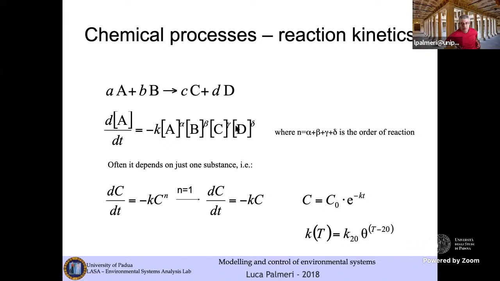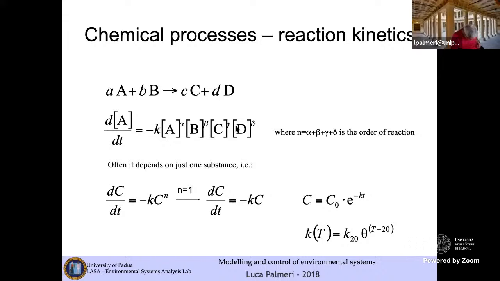What we are discussing here is how to convert our description of chemical processes into a kind of model that describes the reaction kinetics.